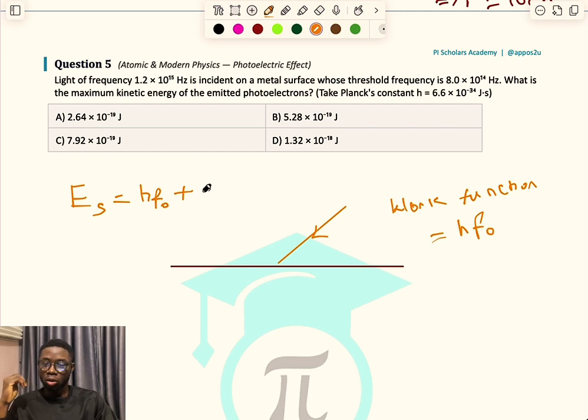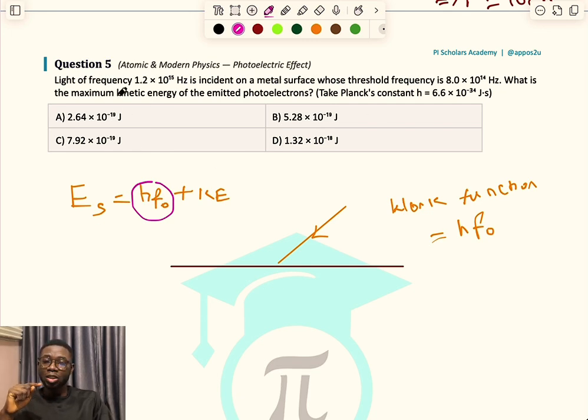So this will now be plus the kinetic energy of the electron. The energy that you supply must be able to do these two things. First, it must make the electrons vibrate at their work function, that is, at the threshold frequency. Then after that is done, if you have supplied enough energy, you begin to liberate electrons, which will now possess kinetic energy. So now we are looking for the kinetic energy.